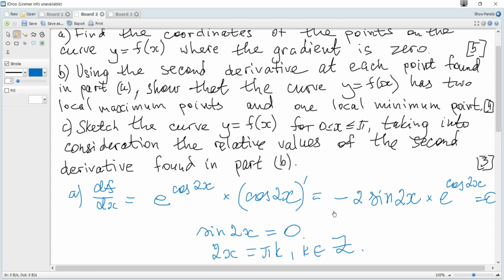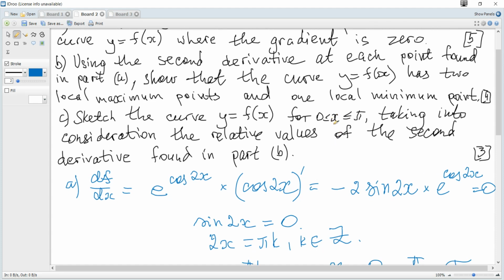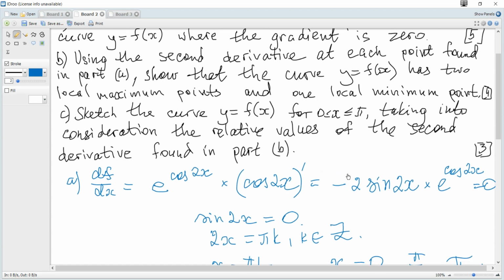The next, sketch the curve y = f(x) for x greater or equal to 0 and less or equal to pi, taking into consideration the relative values of the second derivative found in part B. So what is the second derivative?